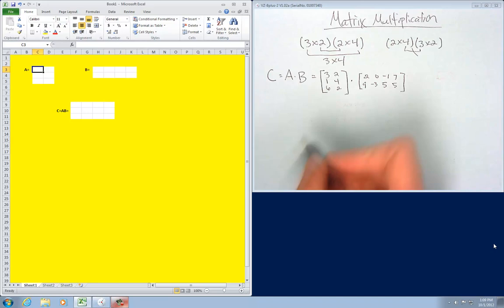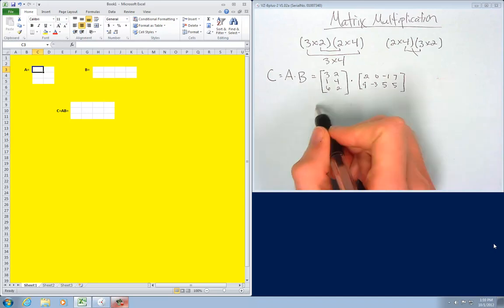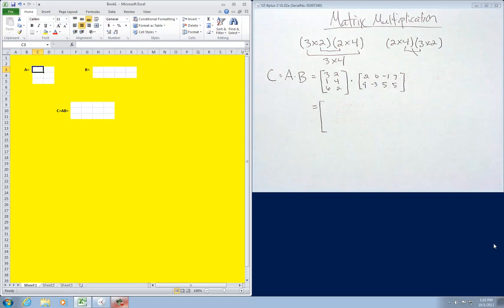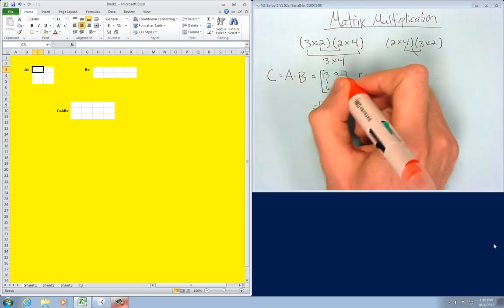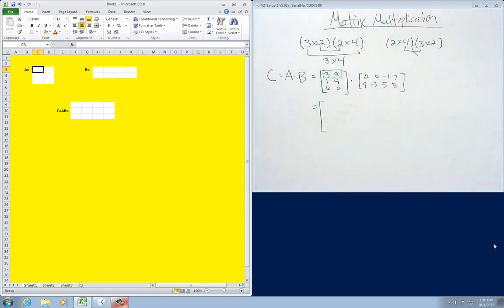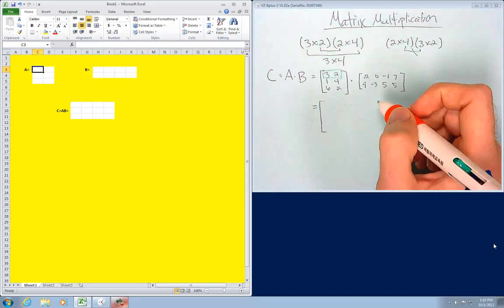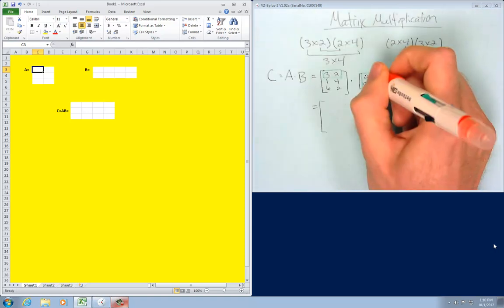Okay, so once again, this 3 by 2 matrix times this 2 by 4 matrix should give us a 3 by 4 matrix. And I'm going to demonstrate how to do this. I'll use colors, hopefully you can see. What you do is you take this first row of the first matrix, 3 and 2, and we're going to get the sums of products with this first column of the second matrix.